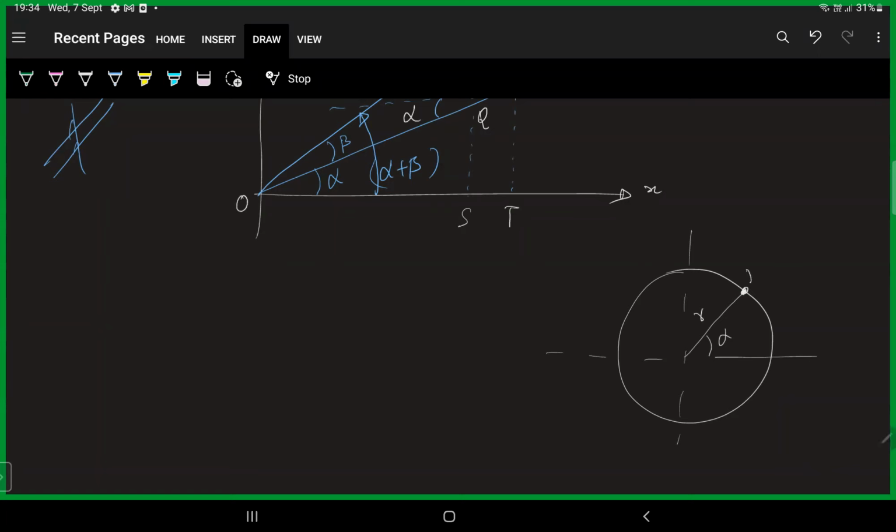R? Why? Can you tell me why? You were there day before yesterday, right? Sham, you were there? Naveen? Why is this r cos alpha, r sin alpha? Goshal, Shakti. Why is it r cos alpha?